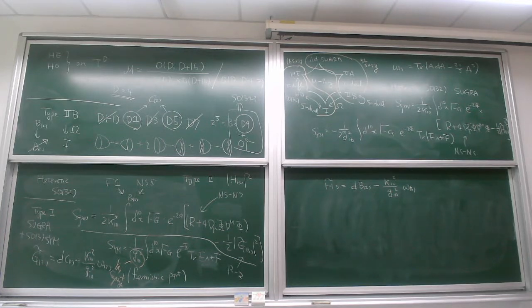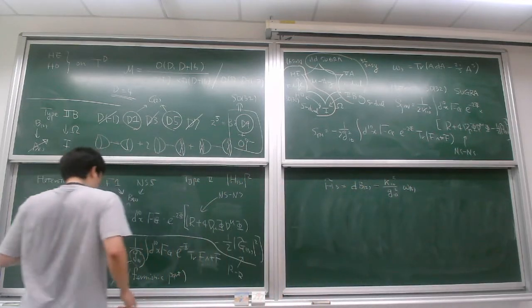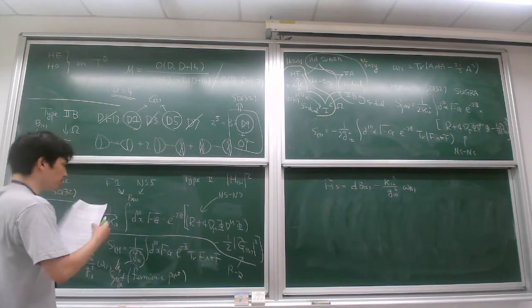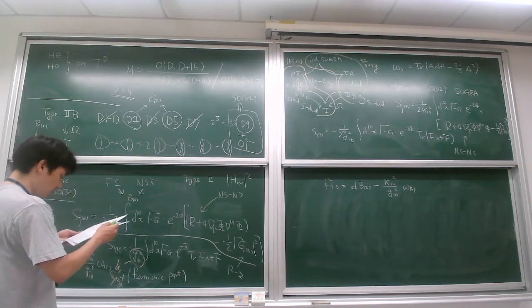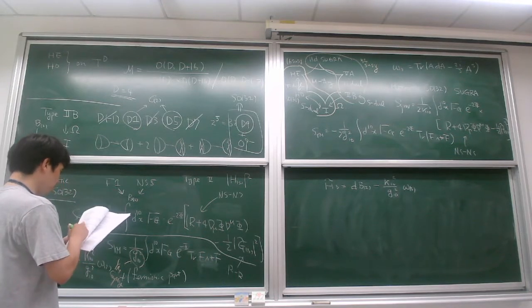Okay, I think it should be outside in that case. Yeah, it should be outside when you compare with it. I think this is a typo, because when you compare with them, it should be outside.